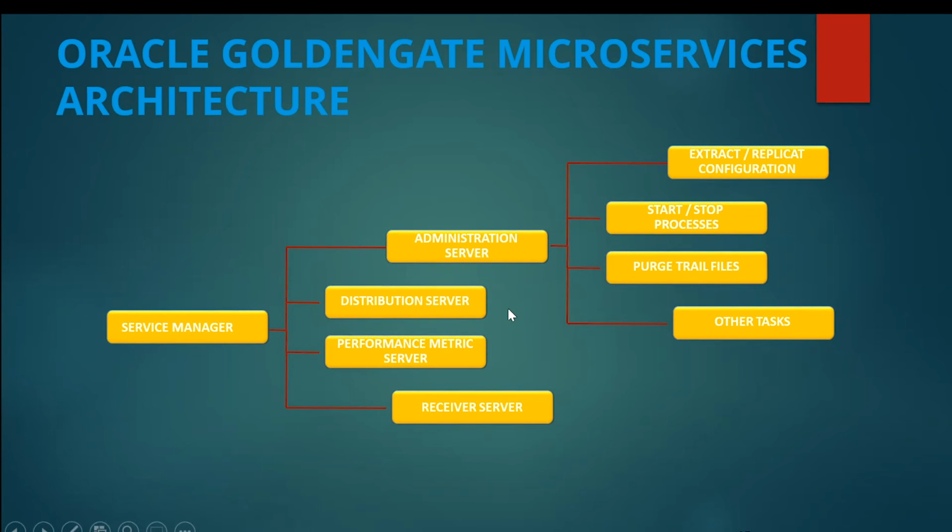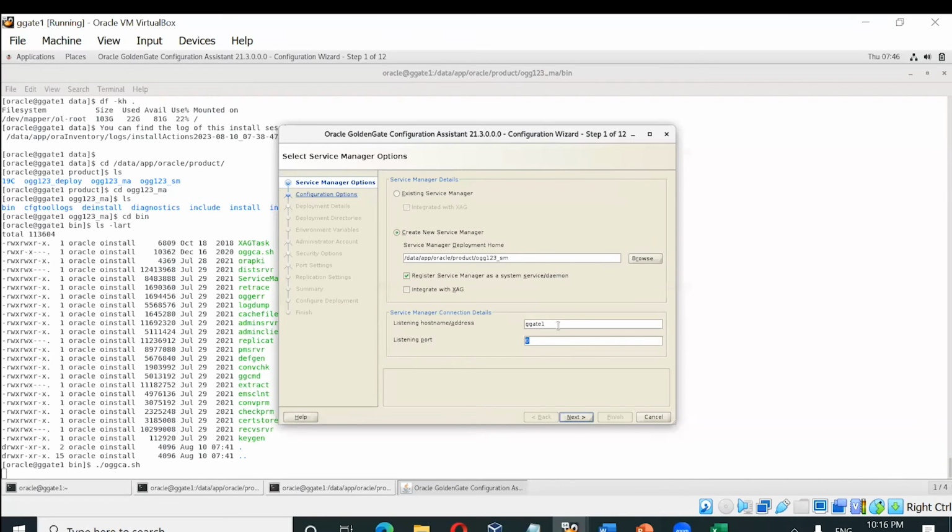Similarly, the admin server, distribution service, performance metric service, and receiver service each need a port. Here we are defining the service manager port. I'm defining, for example, on GGate 1 as 7820. So I'm providing the host name as well as the listening port. Once you are done, click on next.